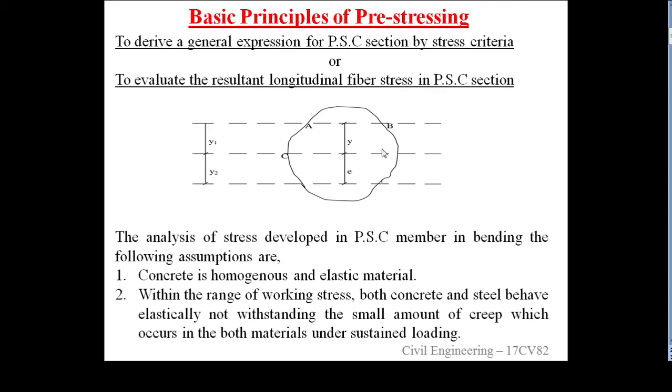Here, small e represents the eccentricity, and y is the distance. y1 is the distance from the top fiber, and y2 represents the distance from the bottom fiber.